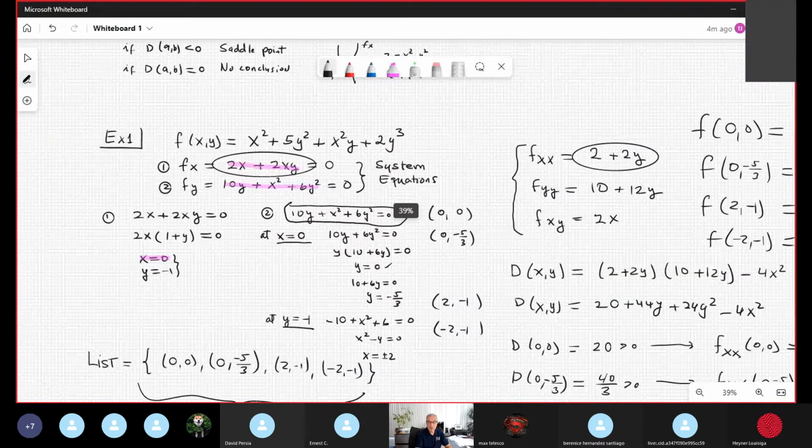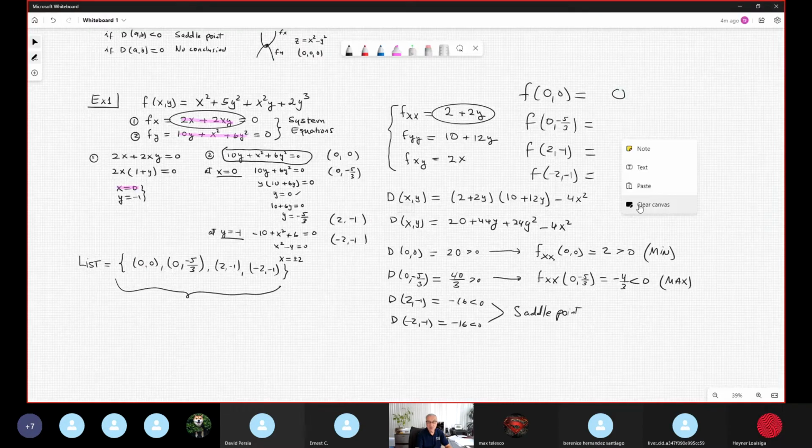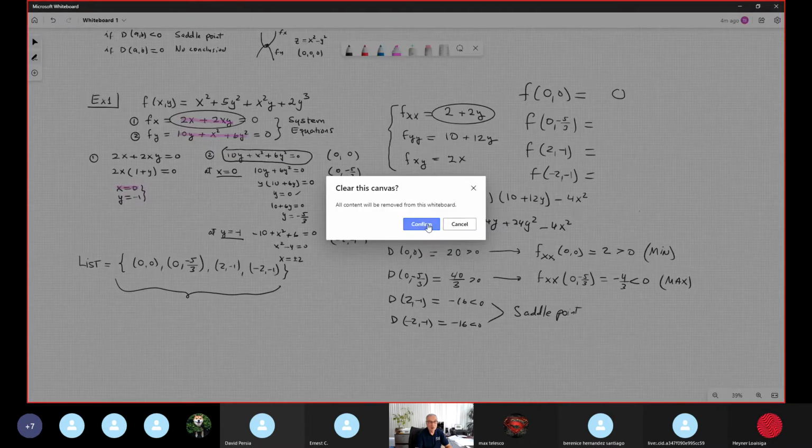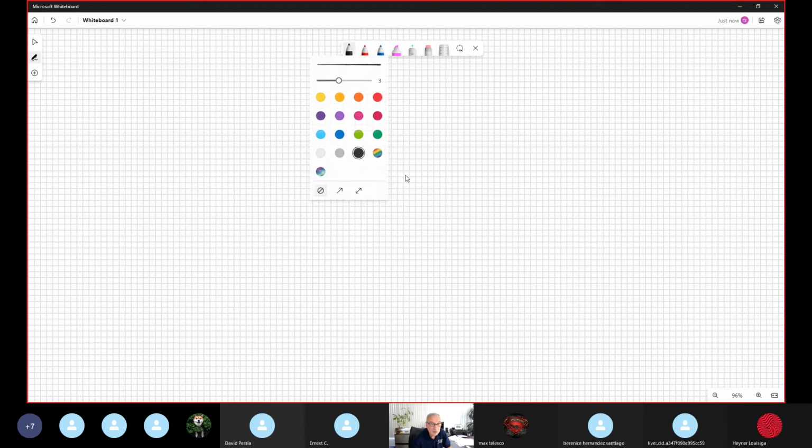We have no time to finish this because it's too long, but let's try to write the problem. Okay, look, suppose we have a function. Example 2. This example 2 is with constraints.